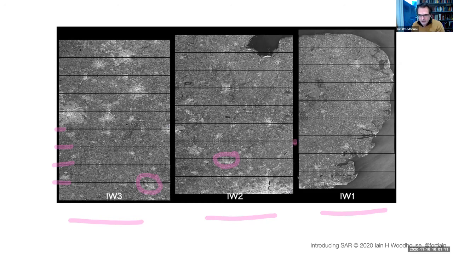And likewise, it looks like there's a gap between each of these swaths, but in actual fact, there's an overlap. So that bit there overlaps with this bit here. And so part of the processing that you go through in processing the radar data in Snap is that you stitch these together, and you merge all these individual subswaths together to create one large wide swath image.